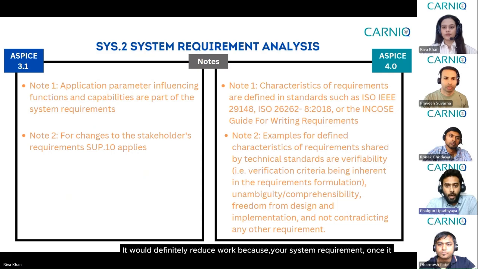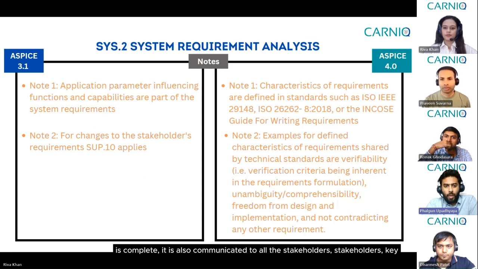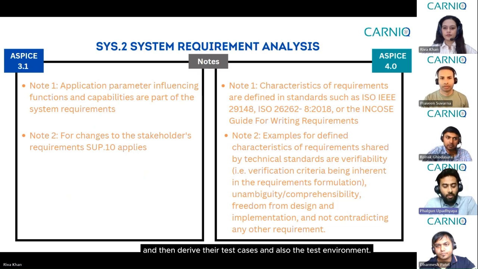It would definitely reduce work because your system requirement, once it is complete, is also communicated to all the key stakeholders, here being system architects and the system test engineers. The test engineers will eventually read through the requirement and derive their test cases and also the test environment.